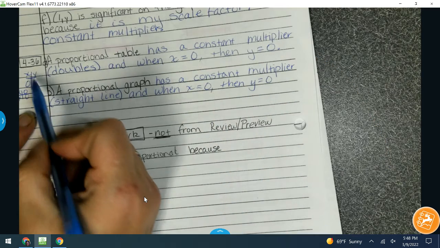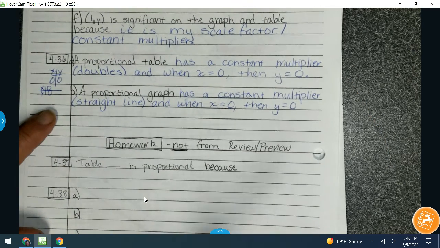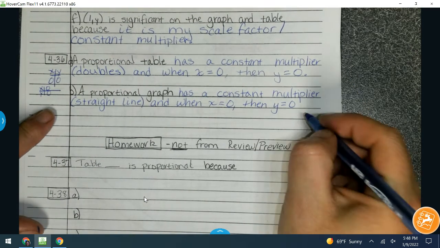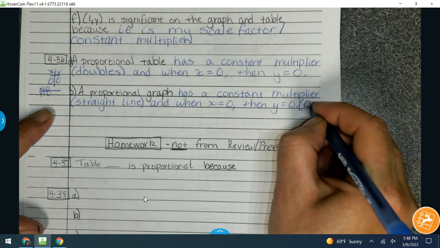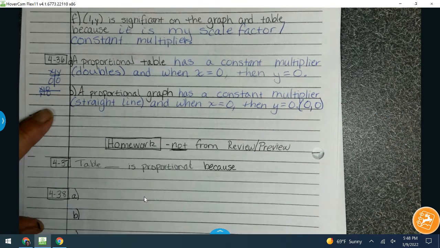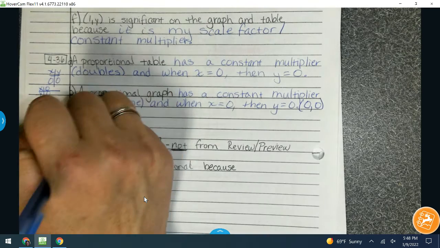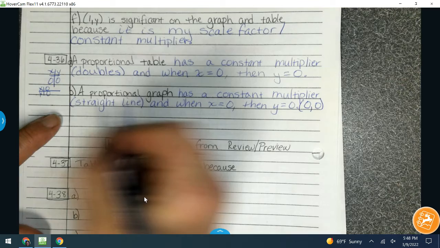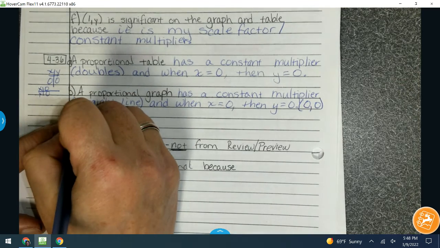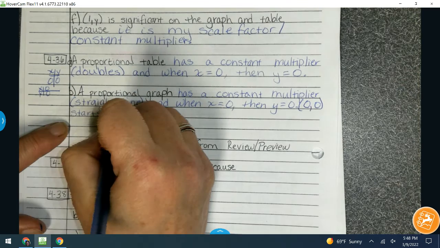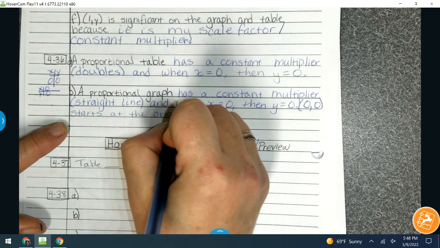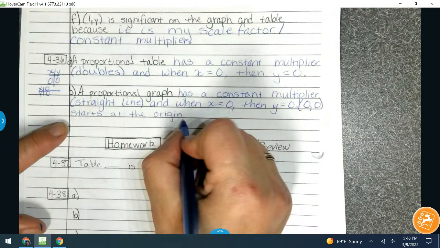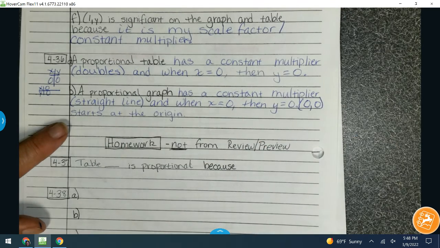And again, I put those over there because I kind of ran out of room. Sorry for being crookedy. And with this one, I see it, it looks like an ordered pair, like that. So I have 0, 0 like this, which means it starts at the origin. Because origin is another name for that location.